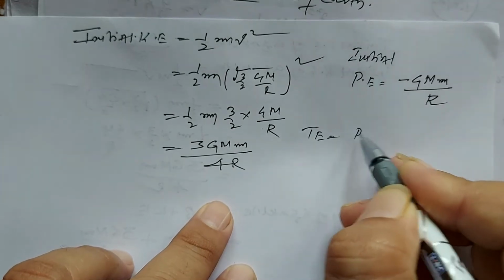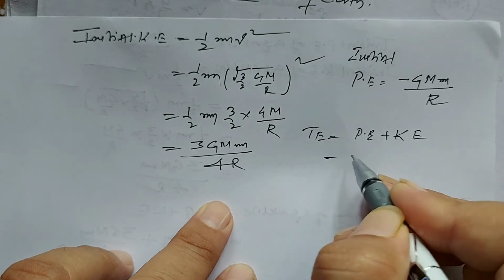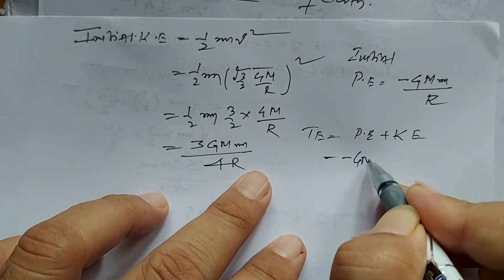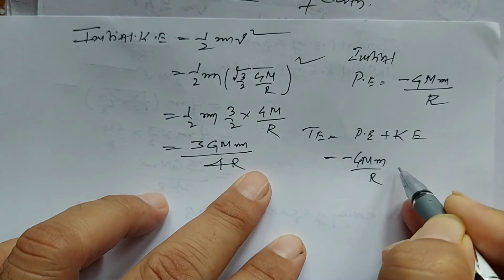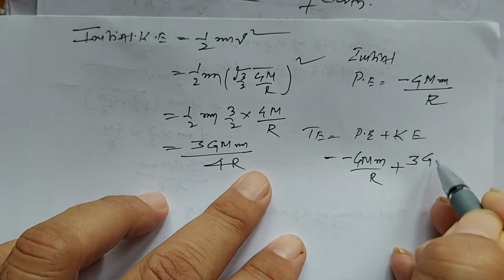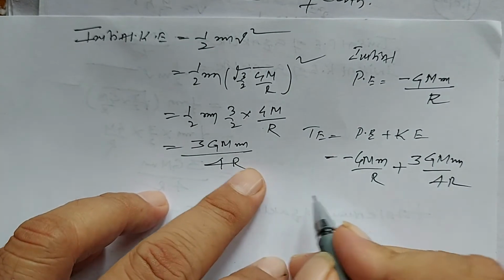Total energy is equal to potential energy plus kinetic energy, that is minus GMm by R plus 3GMm by 4R. So minus 4GMm plus 3GMm over 4R.